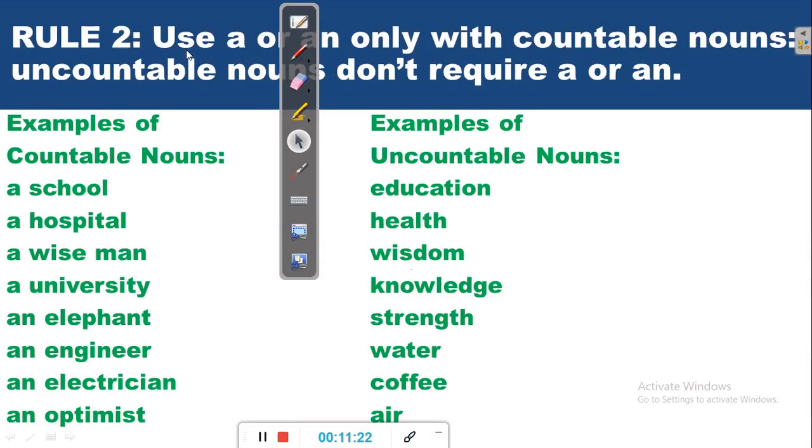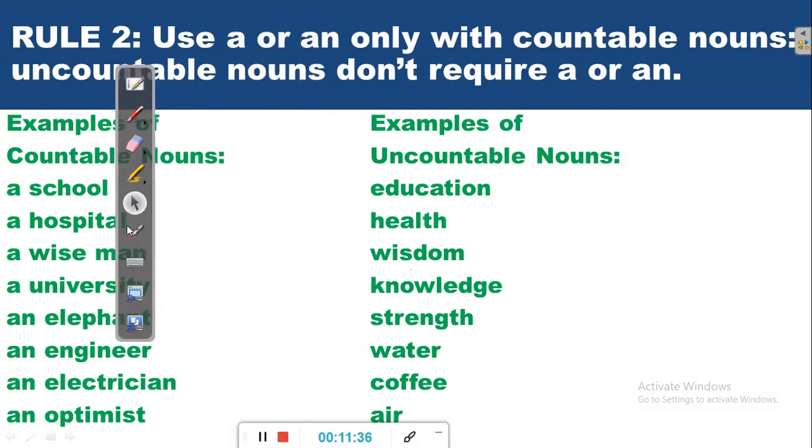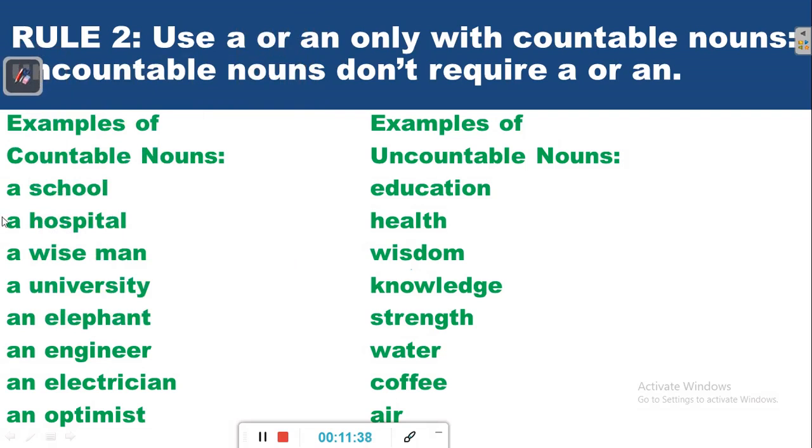Rule 2 states that you should use a or an only with countable nouns.